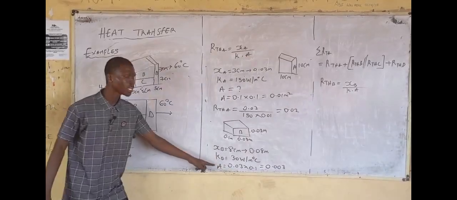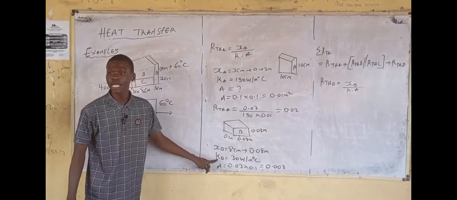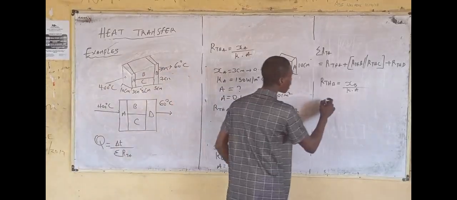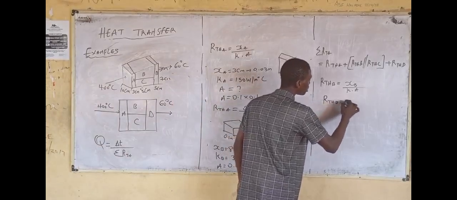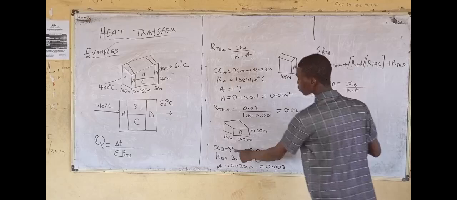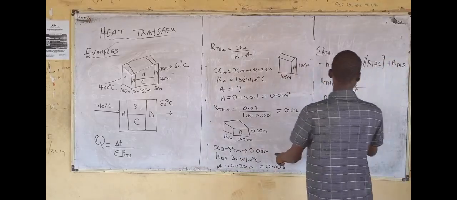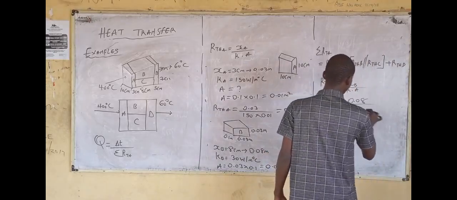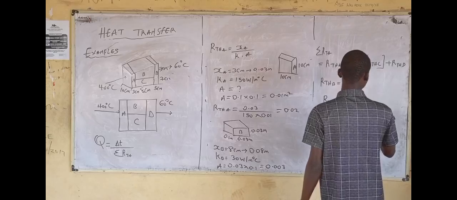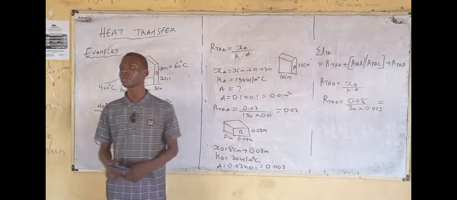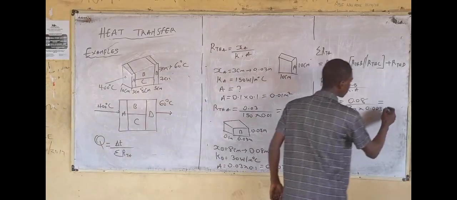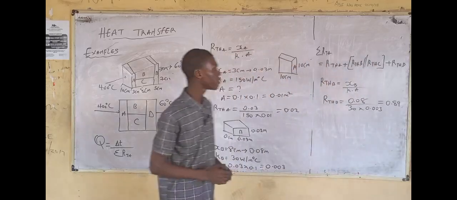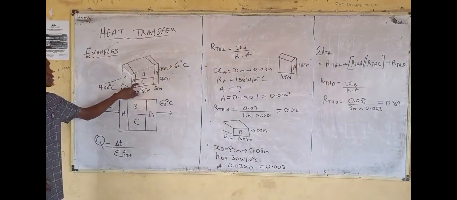Alright, we've gotten the area of wall B. We know the thermal conductivity of wall B. We also know the thickness of wall B. Using this formula, we have RTH of B, the thermal resistance, to be the thickness, 0.08, divided by the thermal conductivity, 30, times the area. What's the value? 0.89. Right?